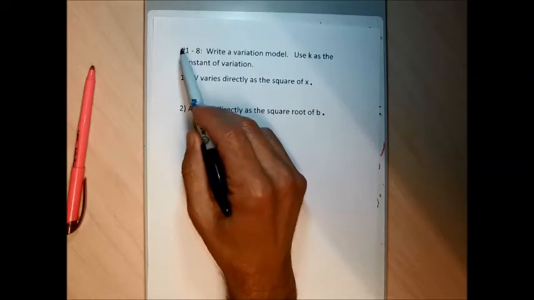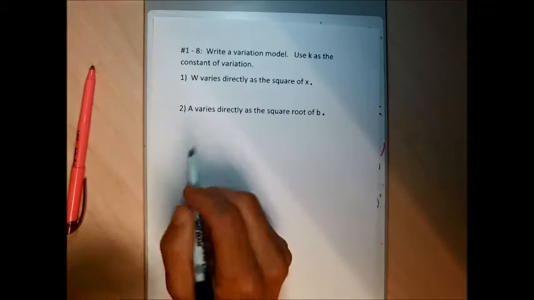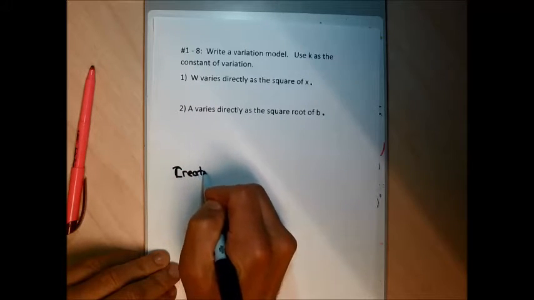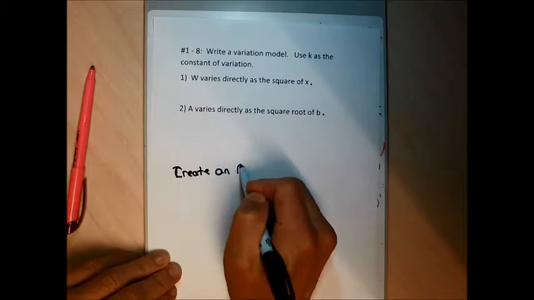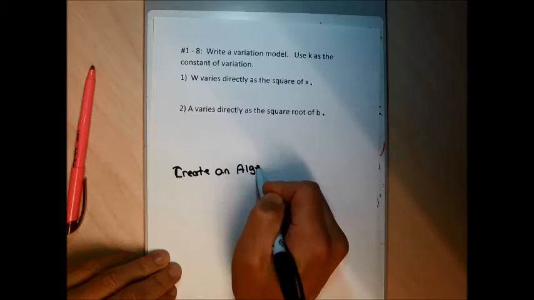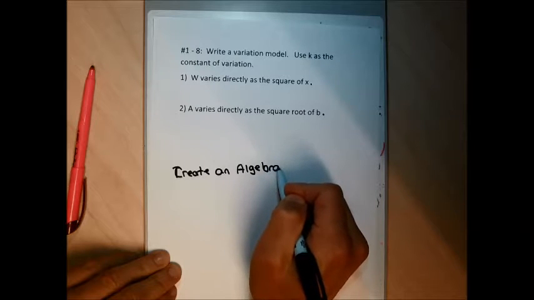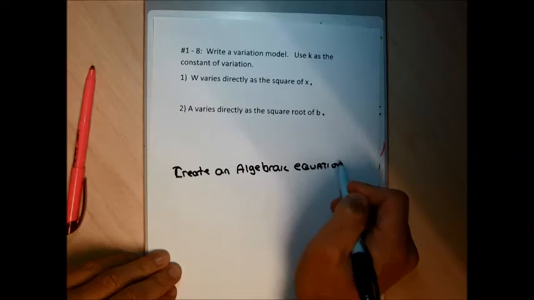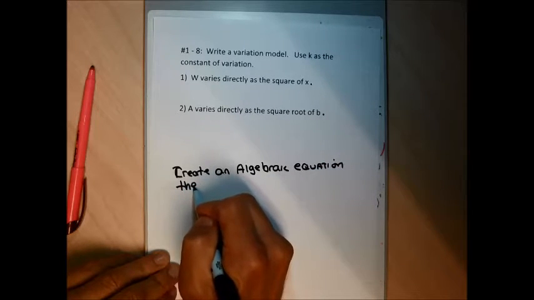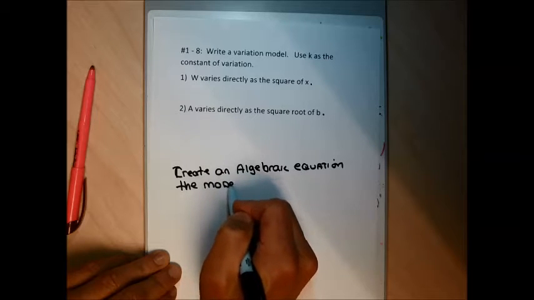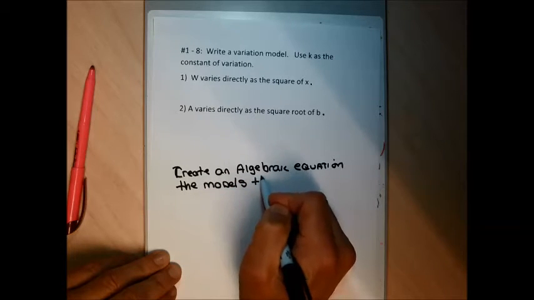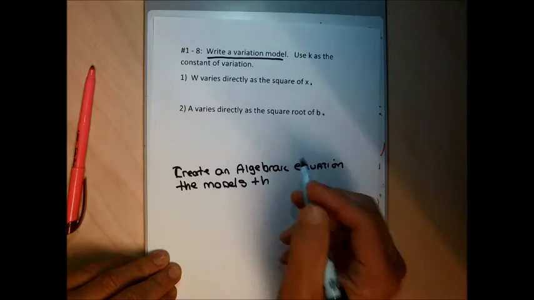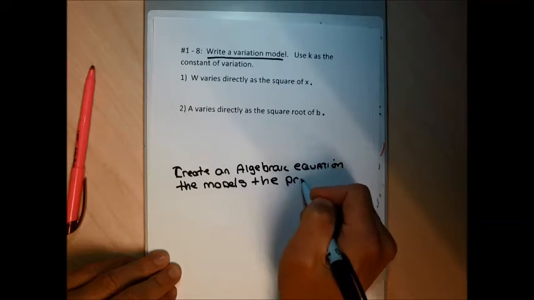What this instruction means to somebody that reads mathematics is to transform or to create an algebraic equation that models the sentence. So you create an algebraic equation that models the problem or the sentence.